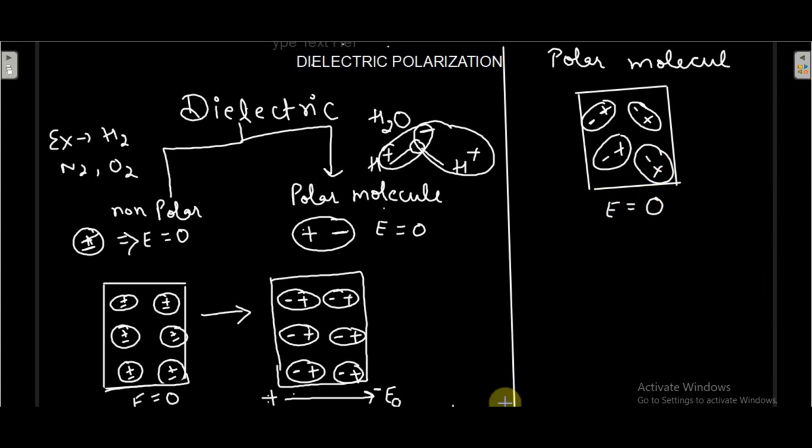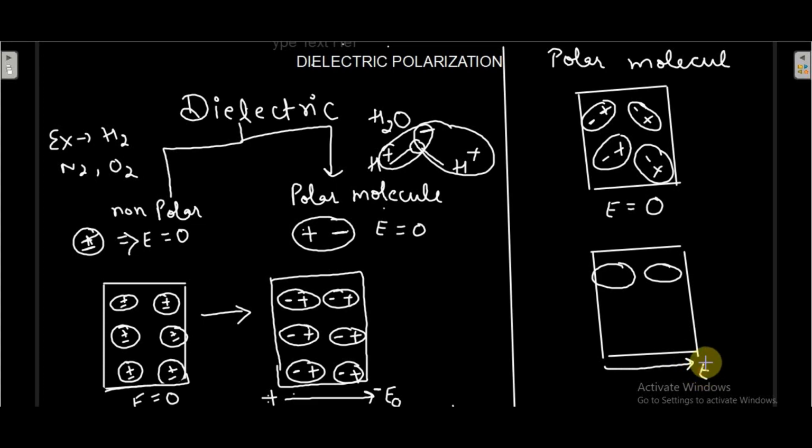But what will happen when you place the same dielectric substance inside the electric field? All these molecules will arrange themselves in a proper order. Here is your electric field E, which starts from positive and exits at negative.